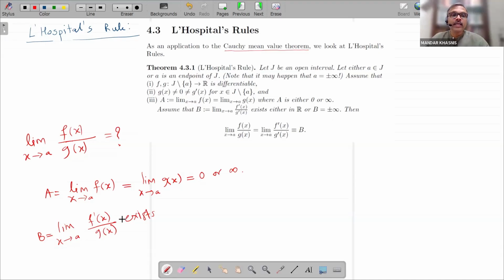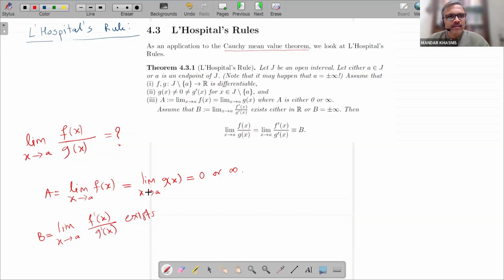It doesn't mean it doesn't exist. It is infinity, so the expression tends to infinity. In that case, this limit and this limit are equal. So to compute the limit of f x by g x, you just have to compute the limit of f dash x by g dash x, and whatever answer you get for this will be the same for the original as well.